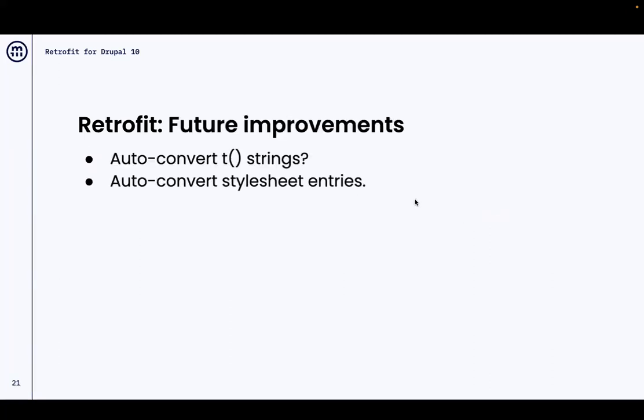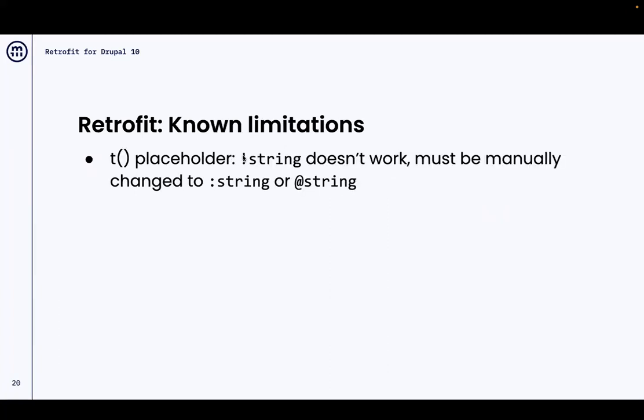Some of the things that might get improved is to maybe automatically convert the t strings from the exclamation string to either the colon string or the ampersand string. That's kind of a little more complicated because it's hard to tell sometimes whether a string is for use with placeholders or the string is written that way purposefully. For example, not every language writes the exclamation marks at the end of the sentence.